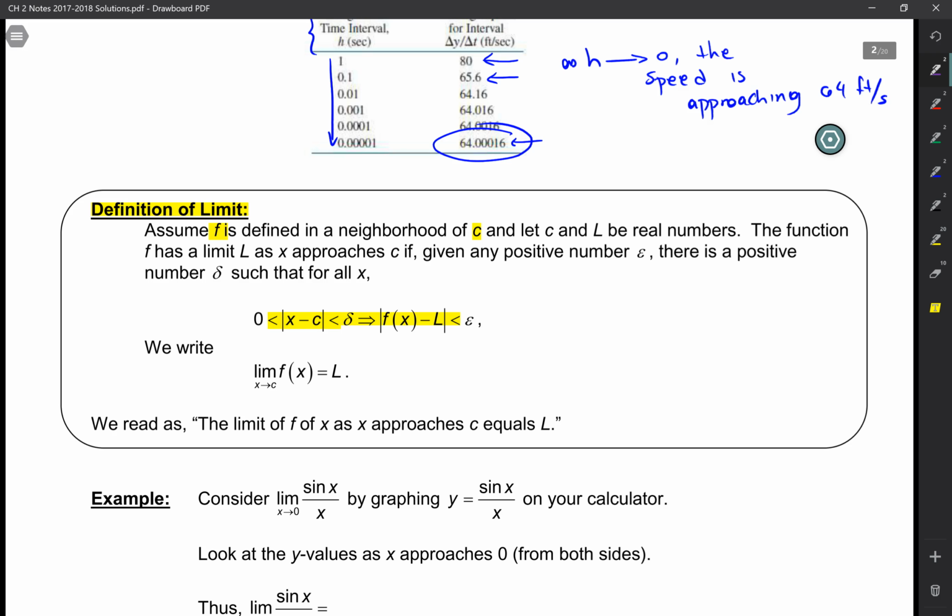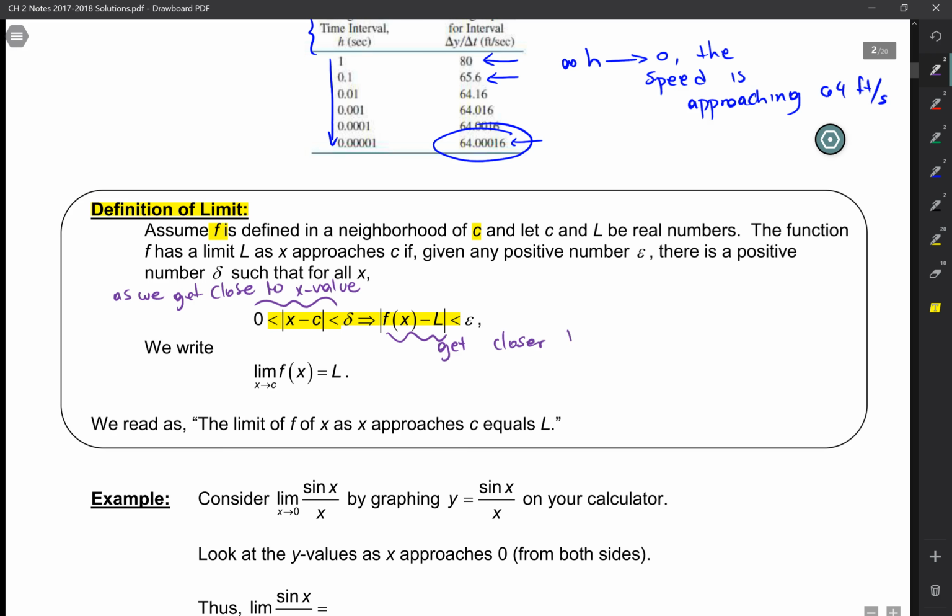So as we get close to an x value, the function gets closer to a y value.